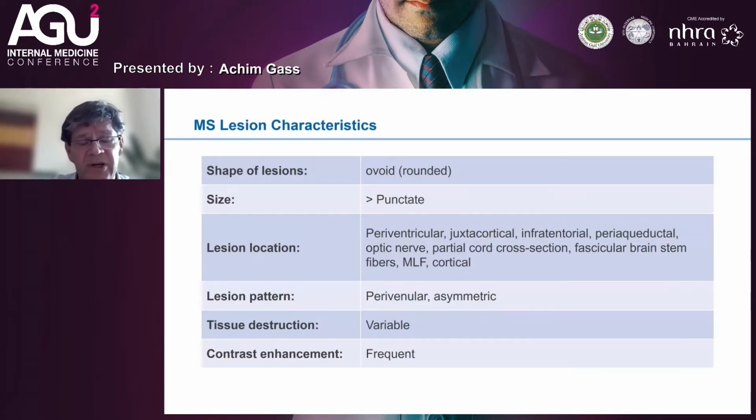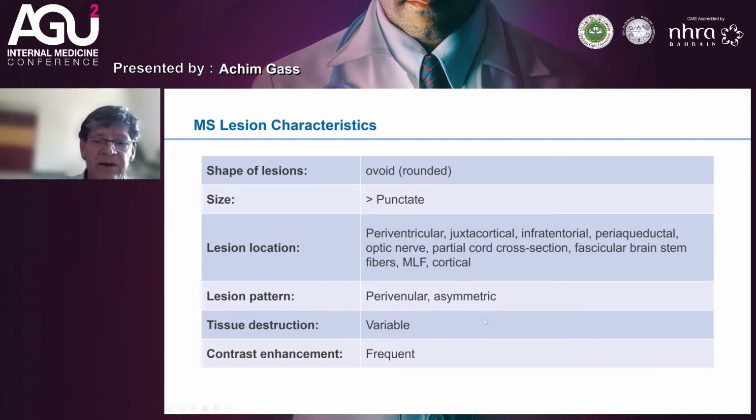I will show you now typical features of MS lesions. They should be ovoid, larger than just punctate. They have typical locations: periventricular, juxtacortical, infratentorial, around the aqueduct, in the optic nerve, involving partial cross-section of the spinal cord, many times involving fascicular brainstem fibers, the medial longitudinal fasciculus, but also cortical lesions.